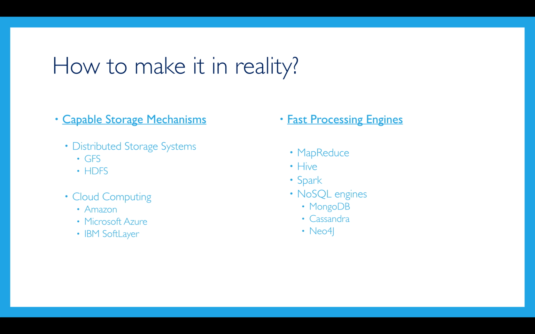All these are independent technologies that are capable of storing and processing big data. As I mentioned, we are going to see all these in detail in my upcoming videos. This is a very high level overview of these things.